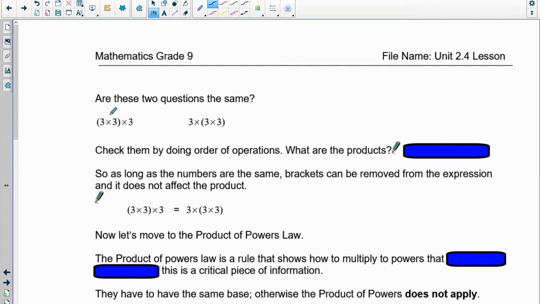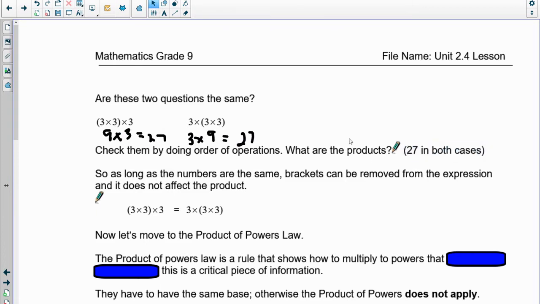Which means that the B is first, the brackets, so this would be 9. And of course we have times 3. Over here this would be 9, and then of course we have 3 on the front times 9. Well, 9 times 3 is 27, and 3 times 9 is also 27. So what this means is that they're both 27.